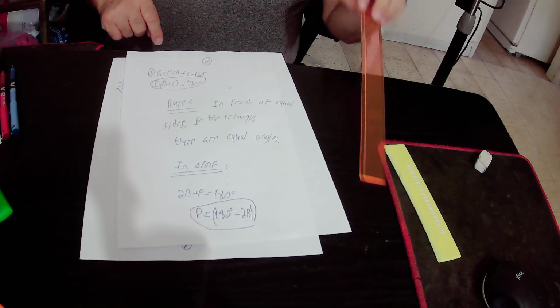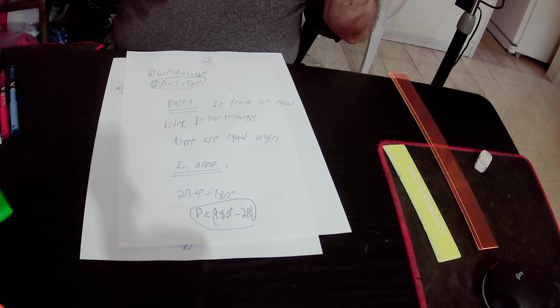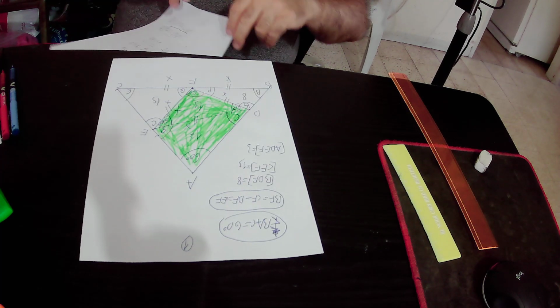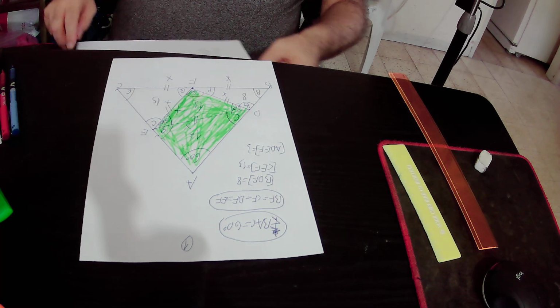And we have rule number 1 that states that in front of equal sides in a triangle there are equal angles. So in triangle BDF, side BF equals side DF.